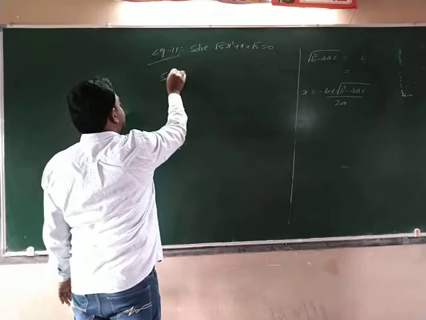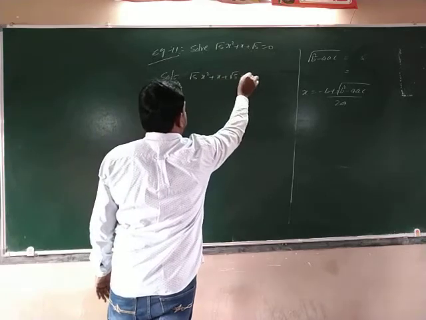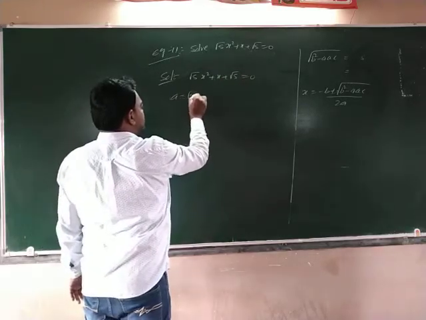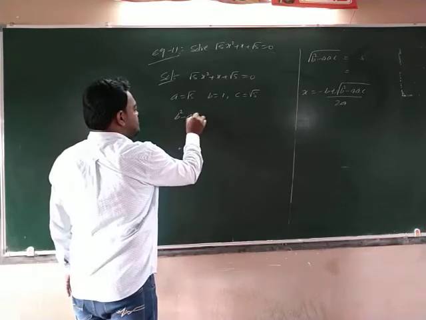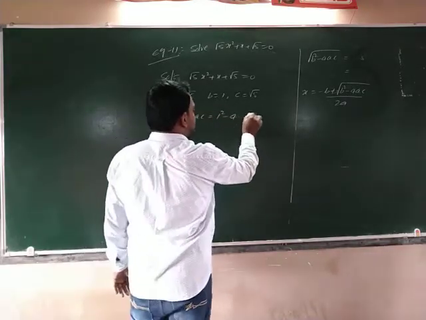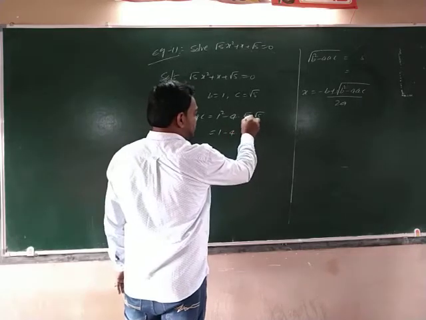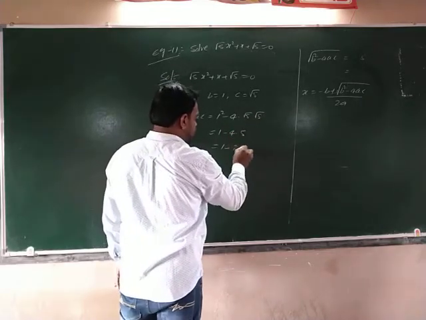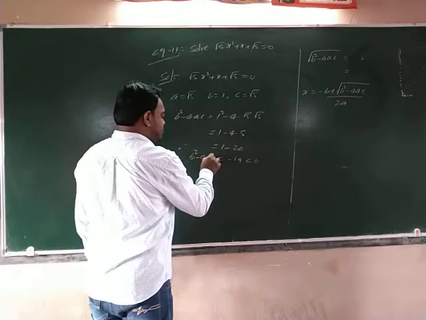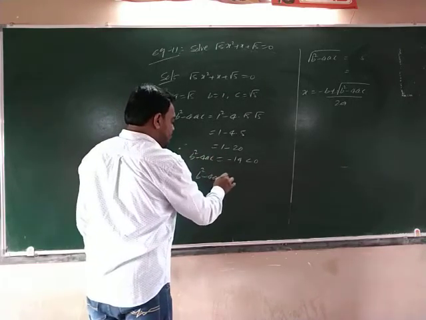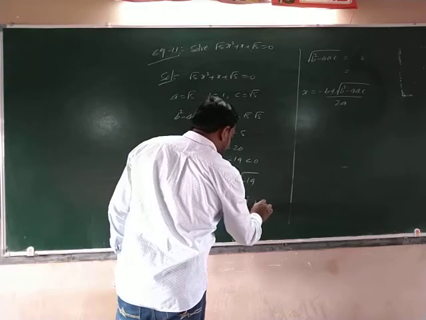Solution: here a = √5, b = 1, c = √5. Now b² − 4ac = 1² − 4 × √5 × √5 = 1 − 4 × 5 = 1 − 20, which is equal to −19, less than 0. So √(b² − 4ac) = √(−19) = i√19.